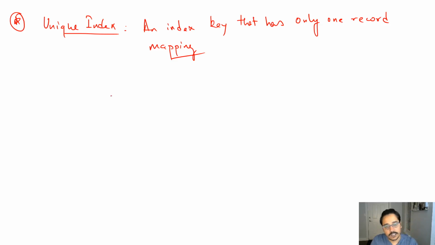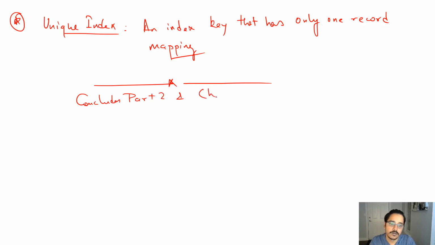So that basically concludes part 2 and chapter 3, which is the relational model.